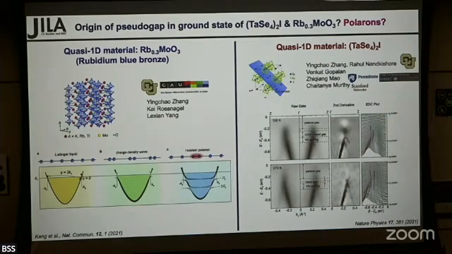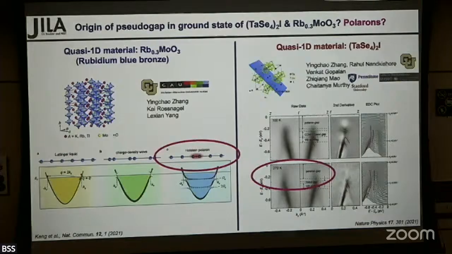We're going to look at RMO, rubidium blue bronze, and TSI. Both had been proposed to have a gap based on polaron interactions. And what I'll show you is that turned out to be not true in either case.